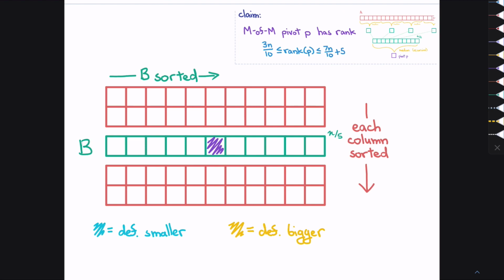Yeah? All the green elements to the left. These are all definitely smaller. Anything else that's definitely smaller or less than or equal to? Everything above what we just highlighted, right? Not just these two, but also these.